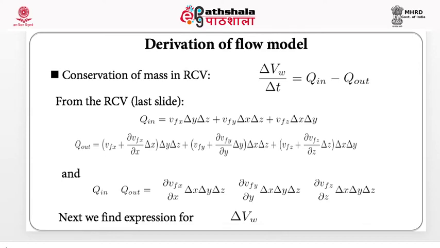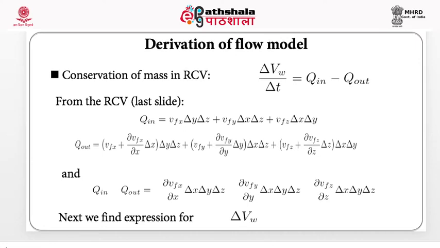Now finally we could put an expression for Vfx, or for specific discharge from our Darcy law, which is Vfx equals to minus k dH by dx. In the model equation, the differential becomes partial differential, as we are dealing with 3D problems.